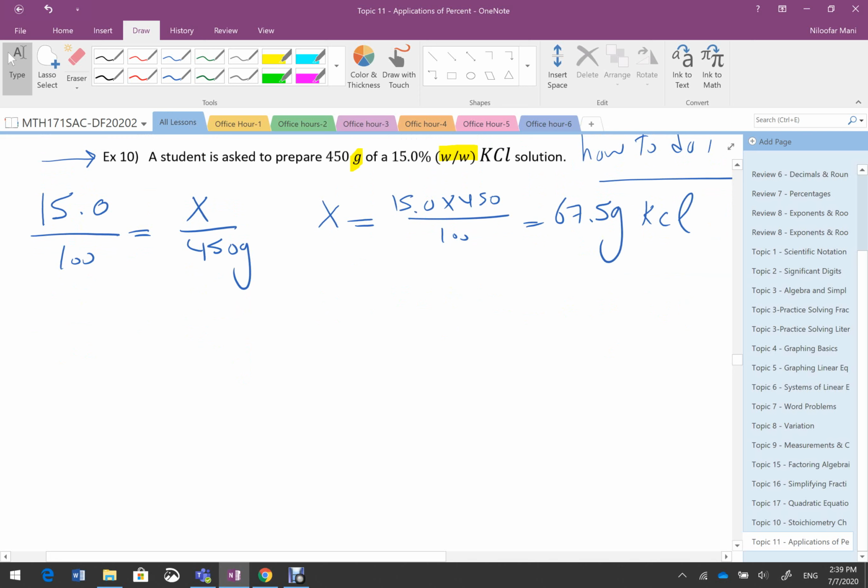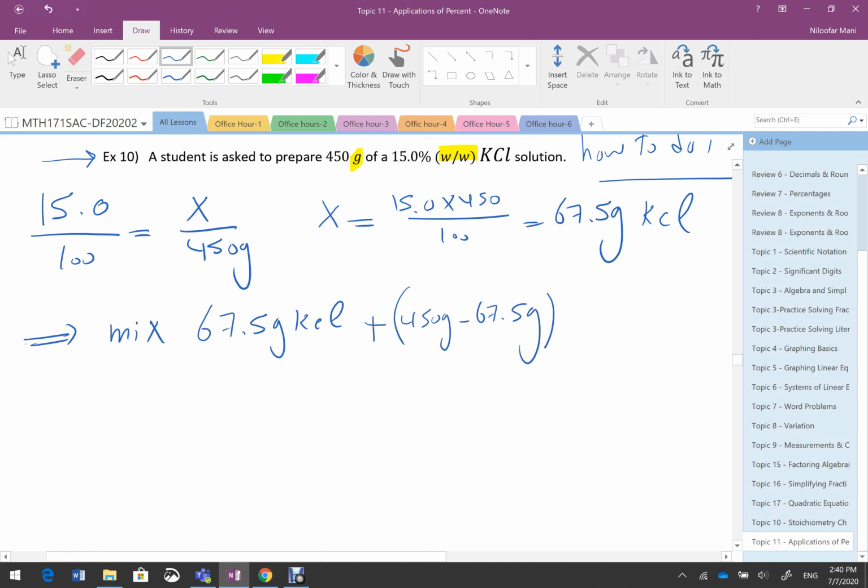Okay, so I can say, therefore, I mix 67.5 gram of this with 450 gram minus 67.5 gram, which is 382.5 gram water.